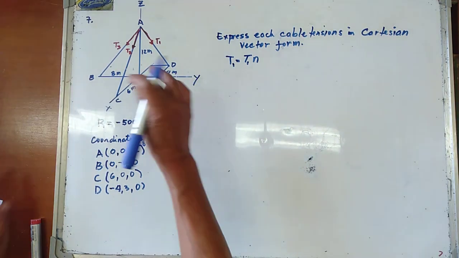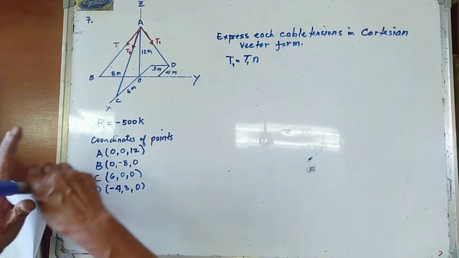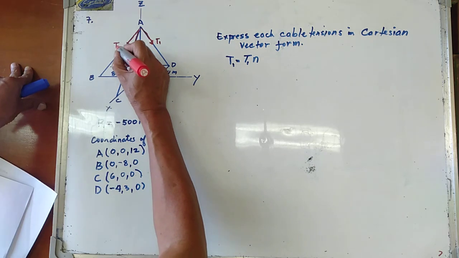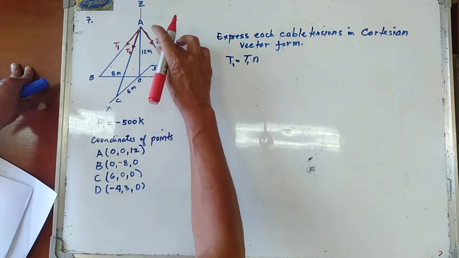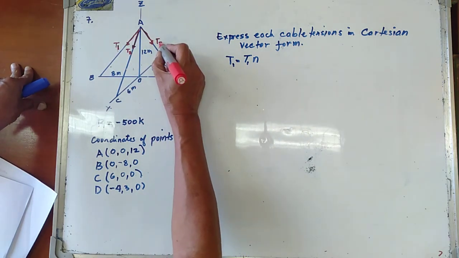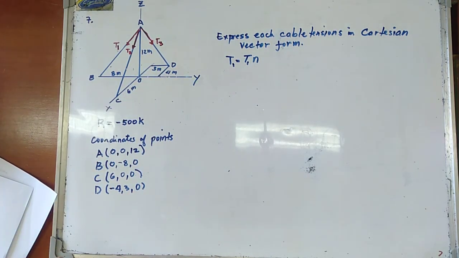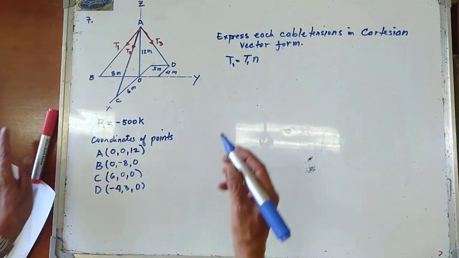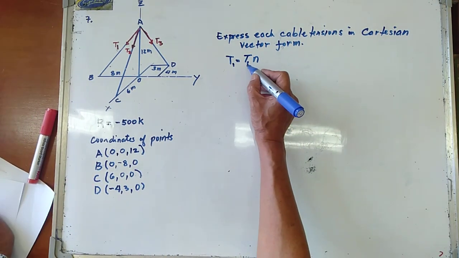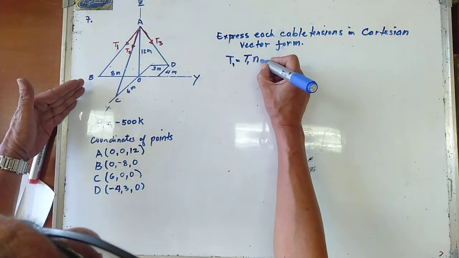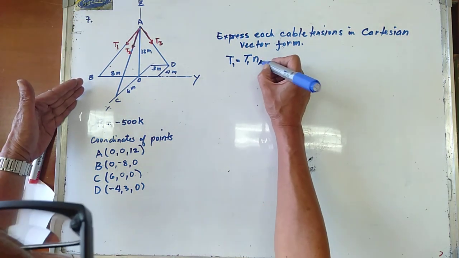This is your T sub 1, T sub 2, and this one here is your T sub 3. To express T1 in Cartesian form, we have the magnitude of T1 multiplied by a unit vector in the direction of T1, and that is along cable AB.